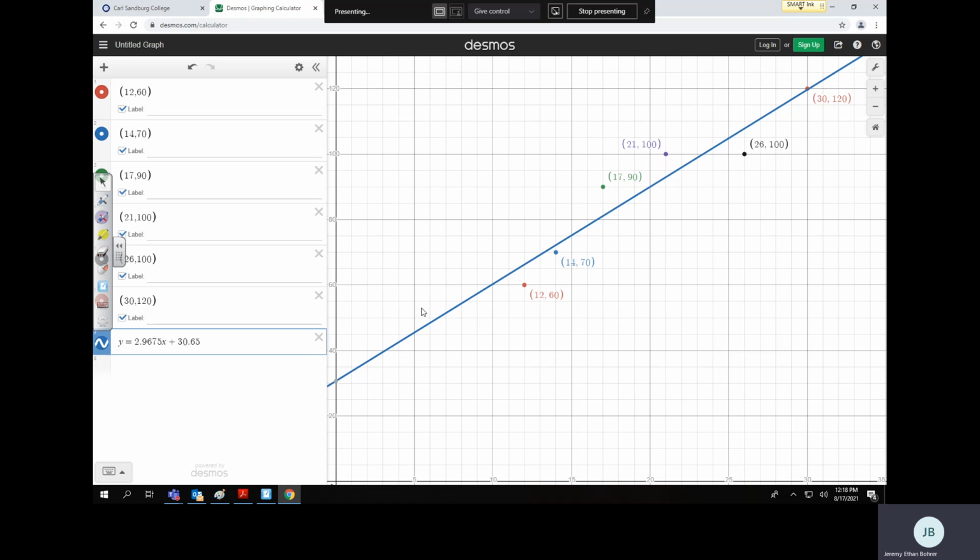Well, this looks pretty decent anyway. Even if I'm a little bit off, I'm not so far off that this doesn't look like a good fit for these points. That's what the least squares line is supposed to do. It's supposed to be really close to the points that we've plotted.